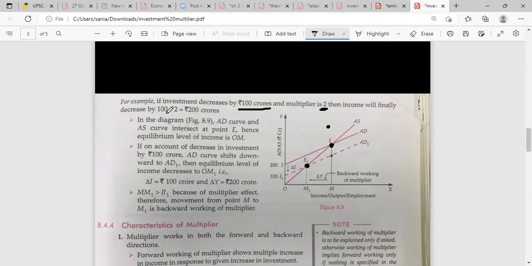Then income will finally decrease accordingly. So this is a diagrammatic representation where E is the point, and when there is a decrease, you are going to E1. This is the explanation. Clear? So it is a backward one. In the exam, you get questions from the forward one, not the backward one. But in case they ask you, this is the thing.